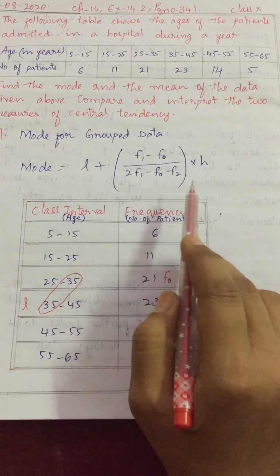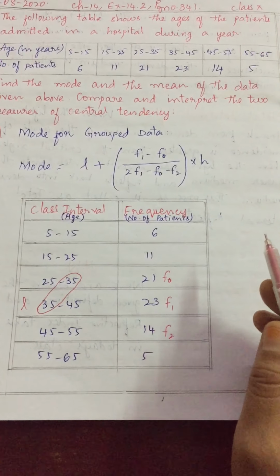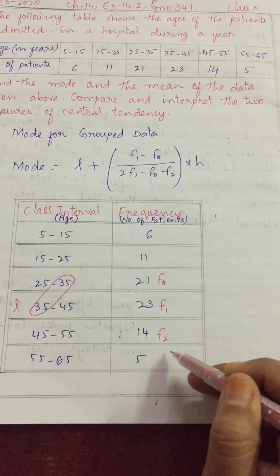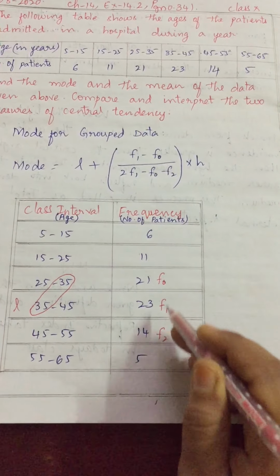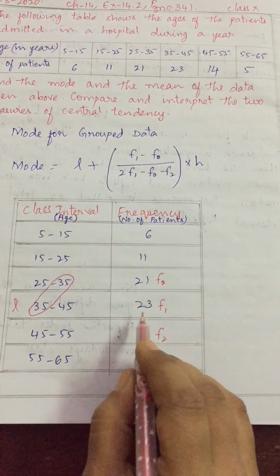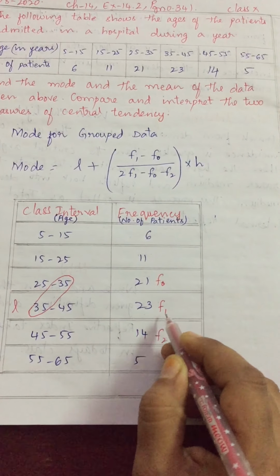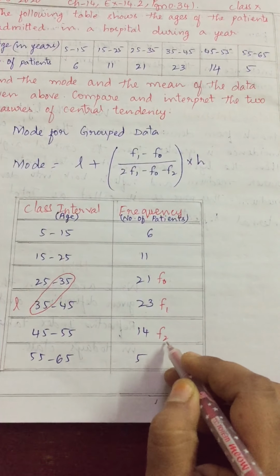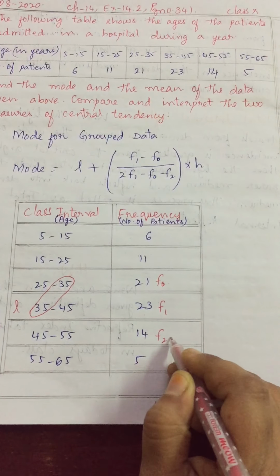Now F0, F1 and F2 we have to select. F0, F1 and F2 are the frequencies. So let's see the frequency table. In that frequency table, see the highest frequency. Highest frequency is 23. That is nothing but F1. Above F1 is F0 and below F1 is F2. Are you getting my point, children?